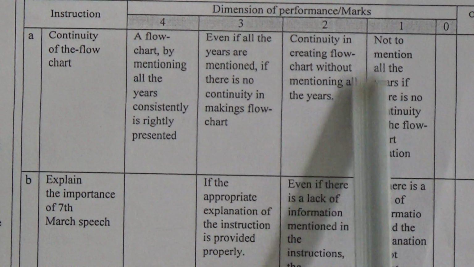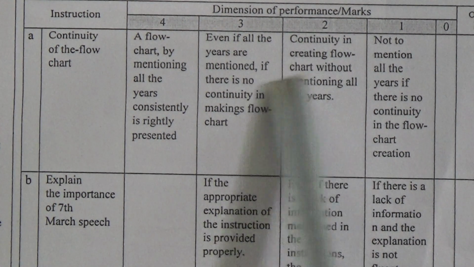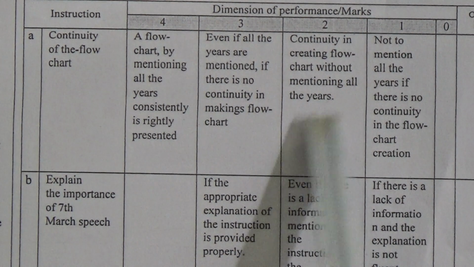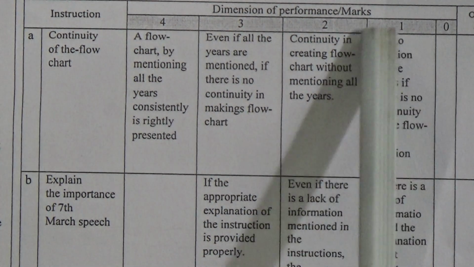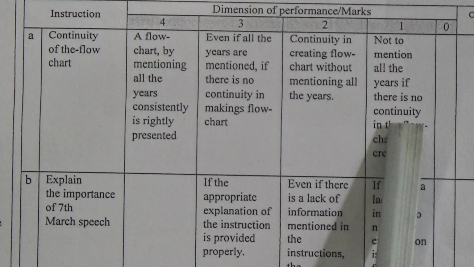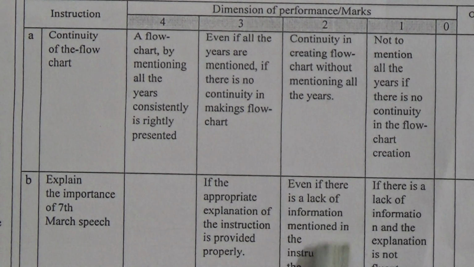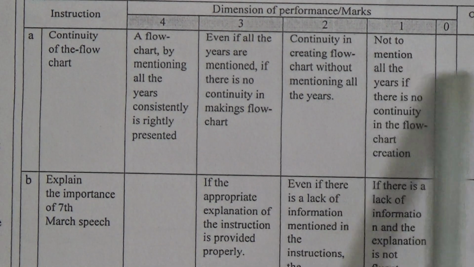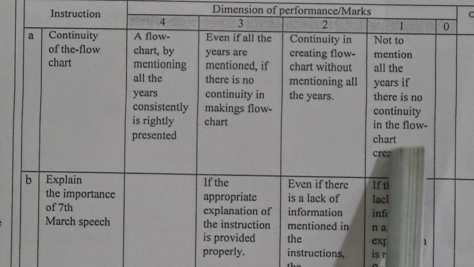That means if you don't mention all the years, but there is continuity among whatever you have written, you will get 2. And lastly, if you don't mention all the years and don't maintain continuity in the flowchart, then you will get 1.